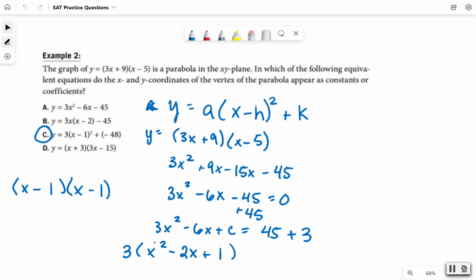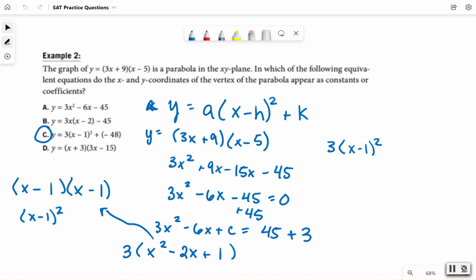Remember, this right here is equal to this, which is equal to (x minus 1) squared. All right, so we're going to substitute that in. So we're going to have 3 times (x minus 1) squared. And then we want to move, since it is negative 1, and then we're multiplying that by 3, it's going to be actually a negative 3.